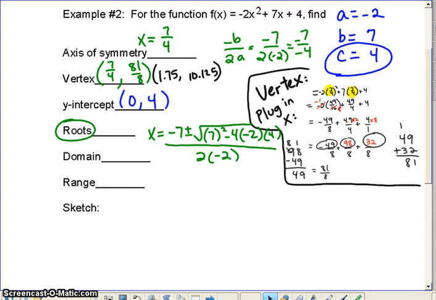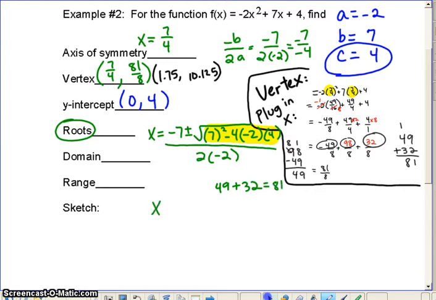Okay, so what we're going to do is concentrate on the discriminant first. 7 squared is 49, and negative 4 times negative 2 is positive 8. 8 times 4 is positive 32. And when you add those two together, you get 81.